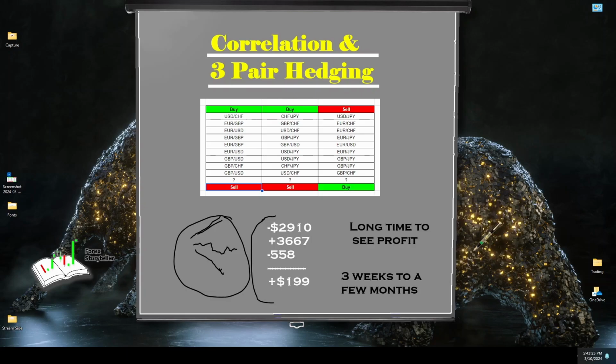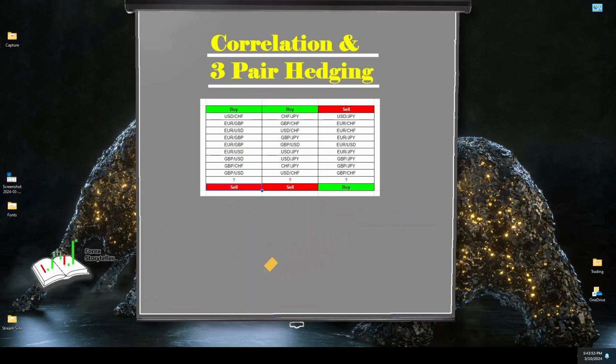But it is usually going to come out in your favor in the long run, and it's one of the safest ways to apply hedging. It just seems more complex because you're trying to figure out this correlation, that correlation, and so forth. But I've got quite an easy way to work everything out, so you can easily figure out this pair, that pair, and so on.